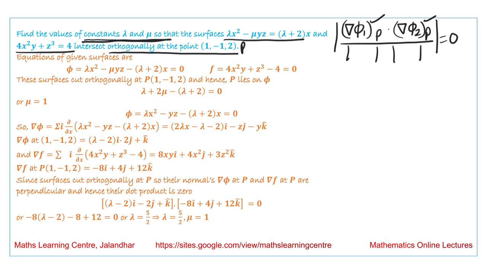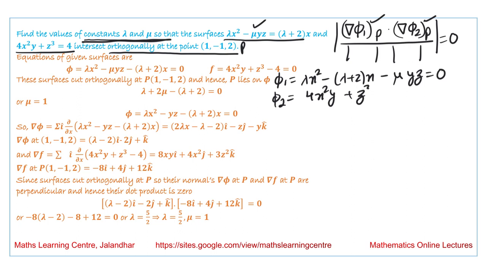So if we calculate the gradient of both these functions, the first function is lambda x square minus lambda plus 2x minus mu yz is equal to 0. This is the function phi 1. Phi 2 is the function 4x square y plus z cube minus 4 is equal to 0.